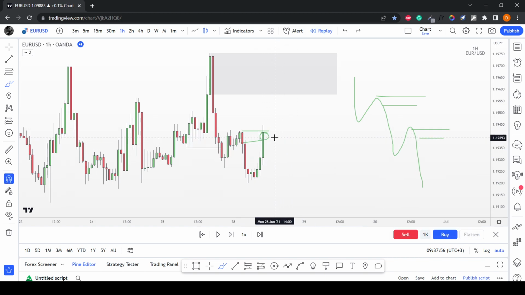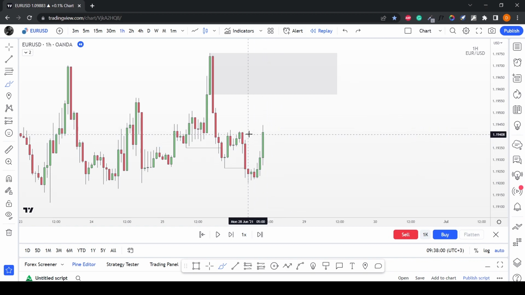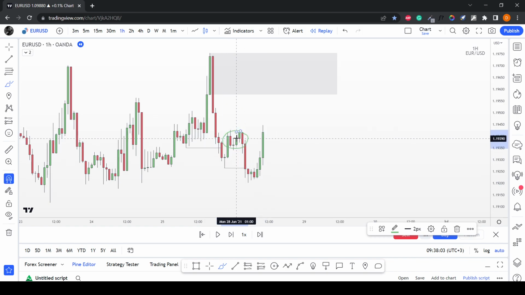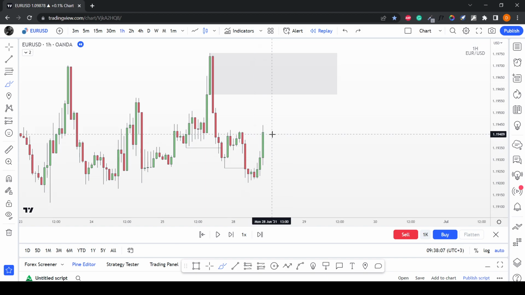It could, but for my entry, I would like to see at least some kind of stoppage of price, maybe a development of this fractal structure, or at least some kind of bearish indication.